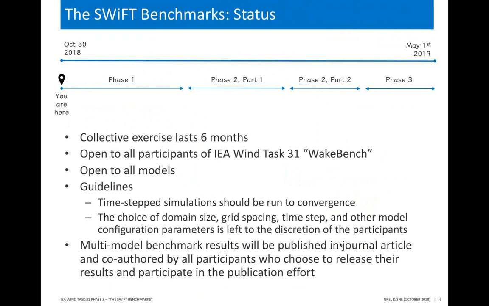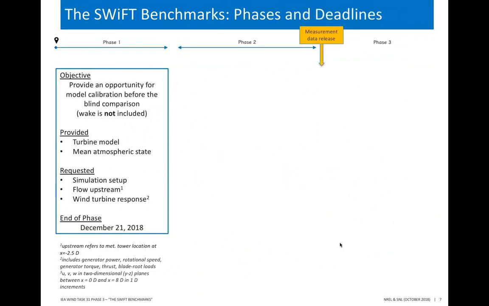Then the idea is that after we do this entire exercise, the model intercomparison and the comparison to the measurements, the multi-model benchmark results will be published in a journal article, co-authored by every participant that chooses to release their results and participate in the publication effort. So, a little more detail about each of these phases.